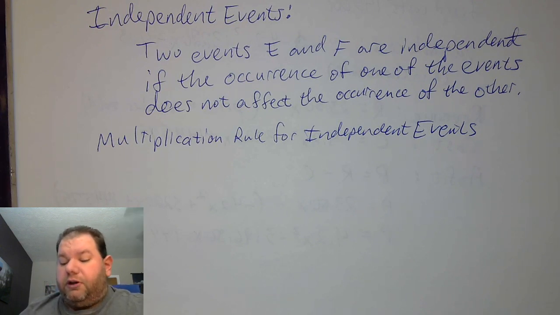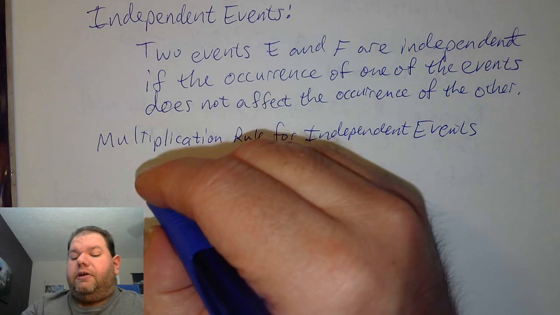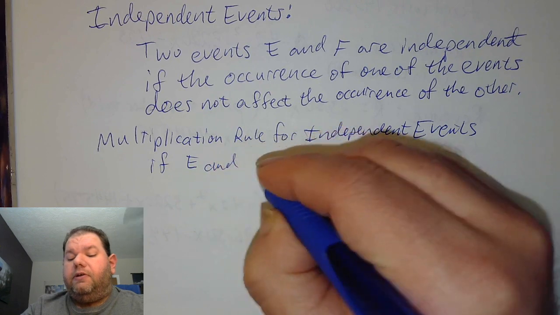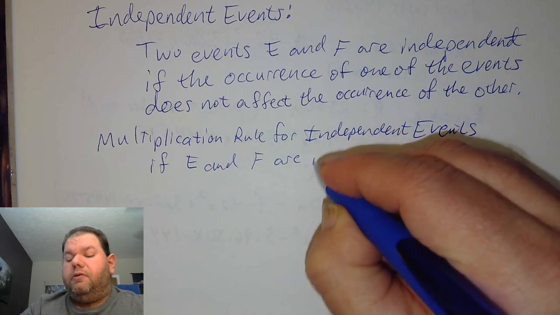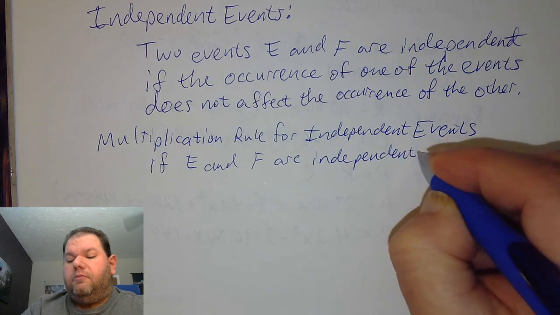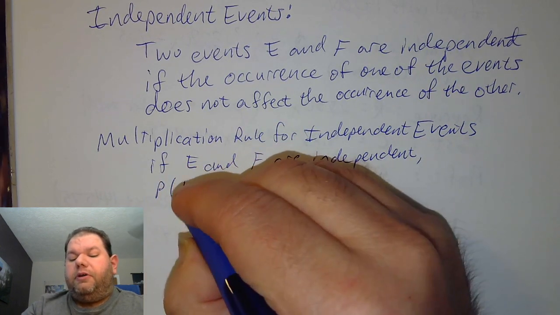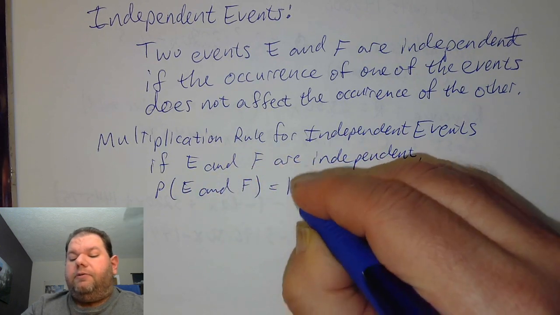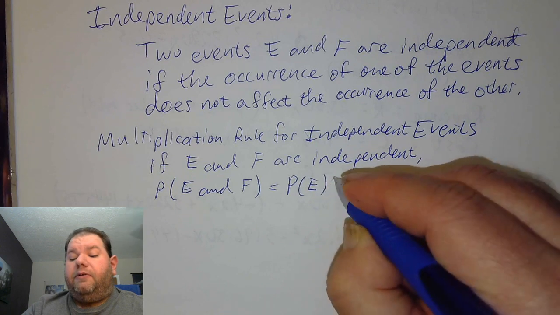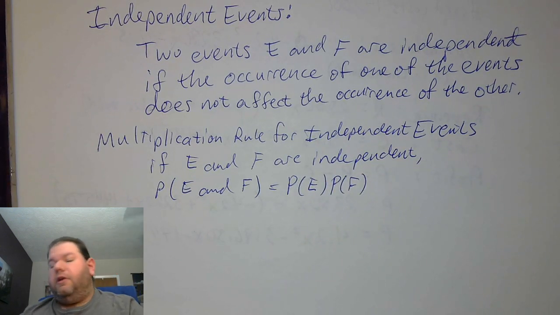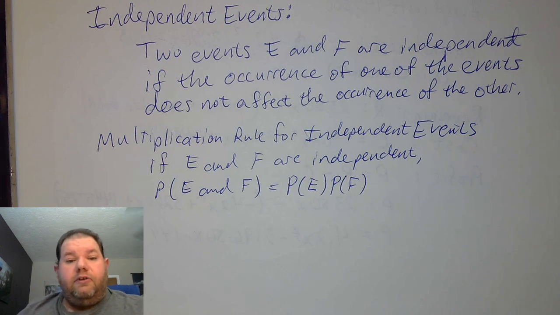And for our multiplication rule, we'll say that if E and F are independent, then the probability of E and F is equal to the probability of E times the probability of F. In this case, we just multiply the two probabilities together.